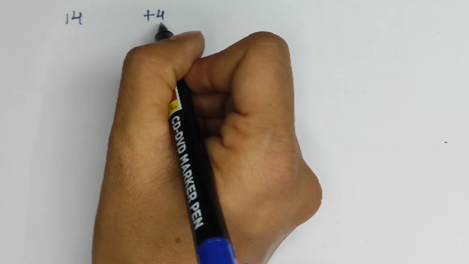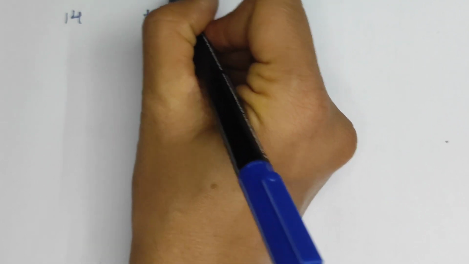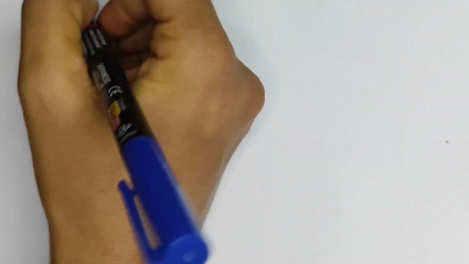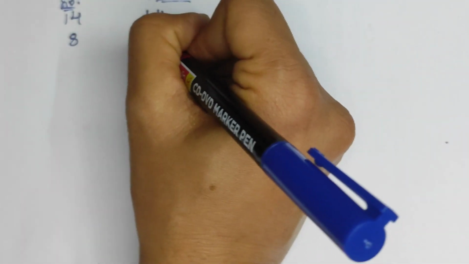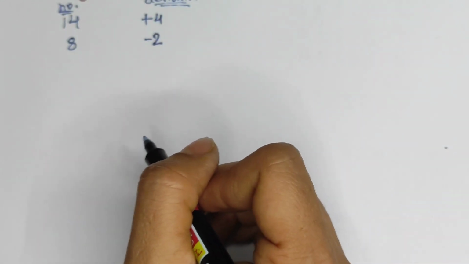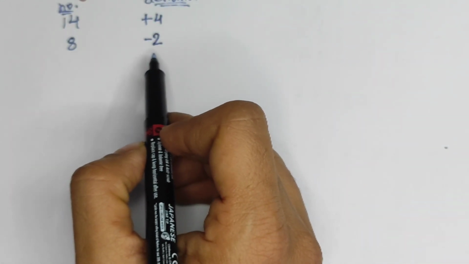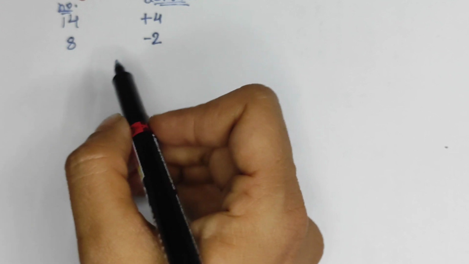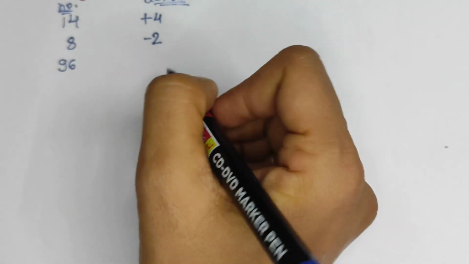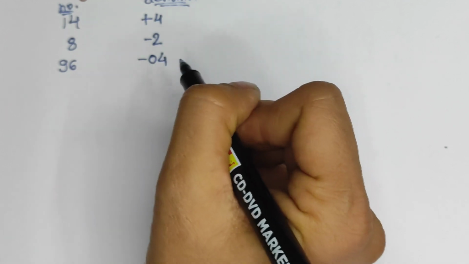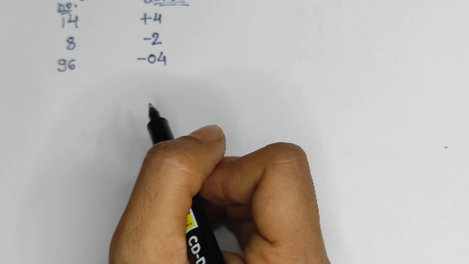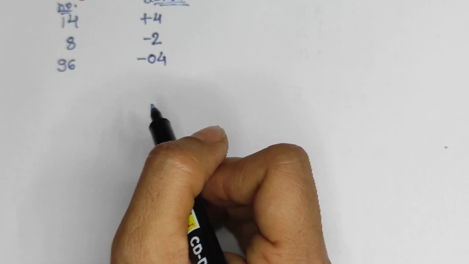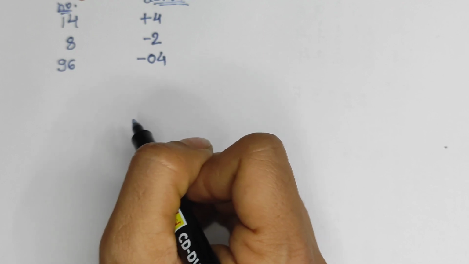The deviation of 8 is minus 2, because the base is 10 and 8 is less than 10, therefore the deviation is minus 2. Then 96, the deviation is minus 4. Subtracting the base from a larger number gives a positive deviation, and from a smaller number gives a negative deviation.